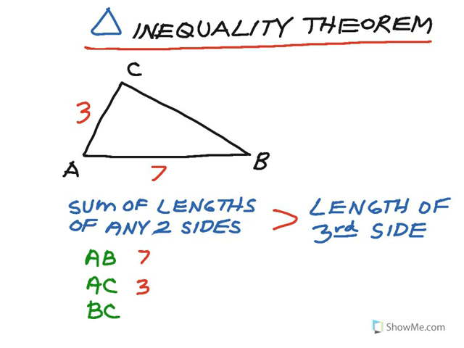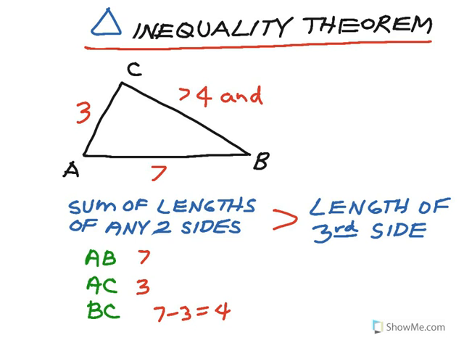It can't be smaller than 4. The reason it can't be smaller than 4, 7 minus 3 equals 4, is that if I made it exactly 4, then side CA and side CB couldn't be set apart at an angle and still reach 7 across on the bottom. So it has to be greater than 4. And what else does it have to be?